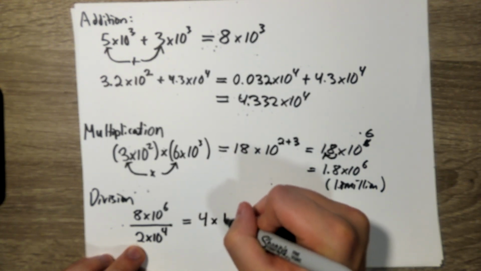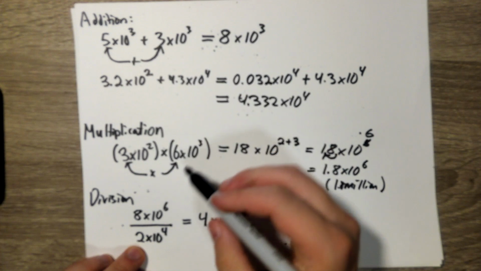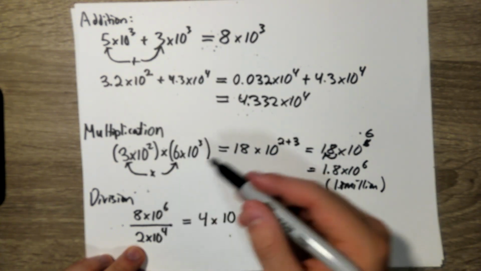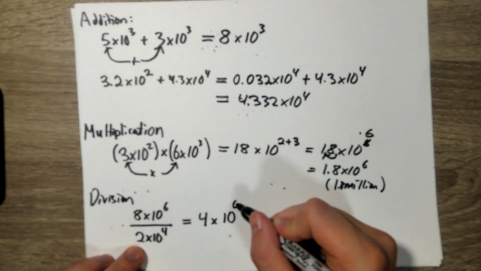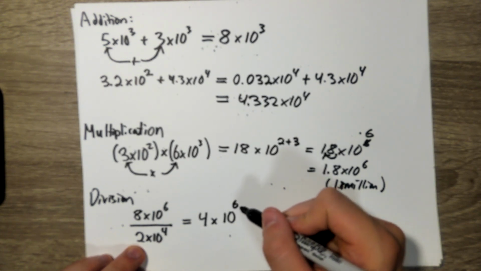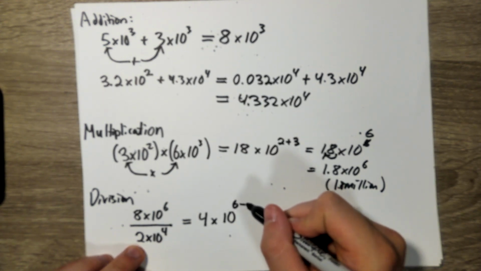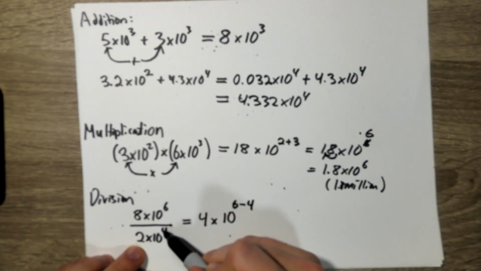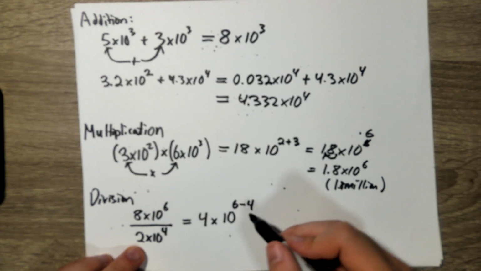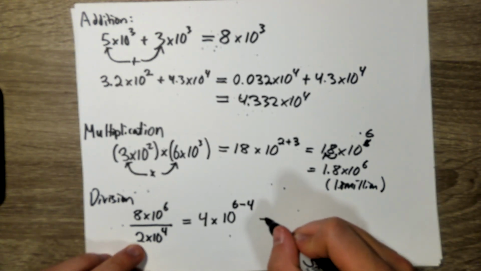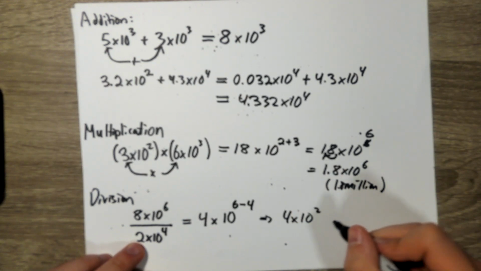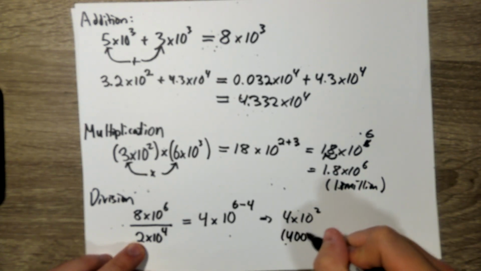Then, using exponent laws again, if you have a division of exponents with the same base, you subtract the exponents. You subtract the exponent in the denominator from the exponent in the numerator. So 6 minus 4, and you get 4 times 10 to the 2, or 400.